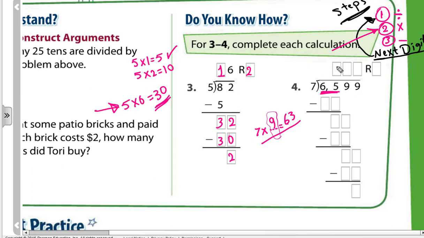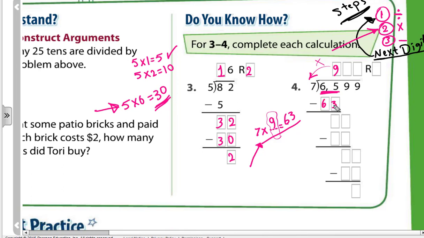9. Good. Now we've finished the first step. Let's move to the second step, which is multiply. We have the multiplication already. So 9 times 7 equals 63.